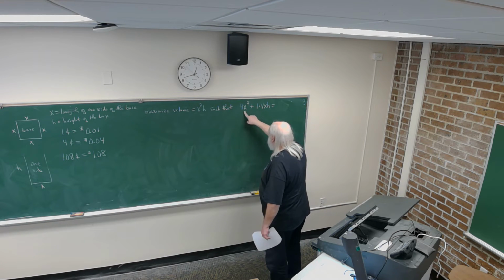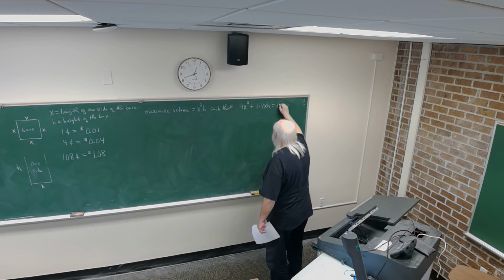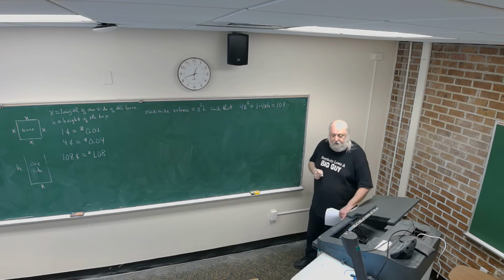So the cost of the bottom of the box plus the cost of the sides of the box has to equal $1.08 or 108 cents.